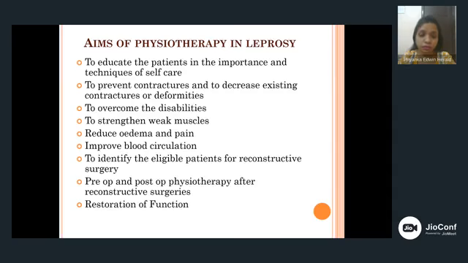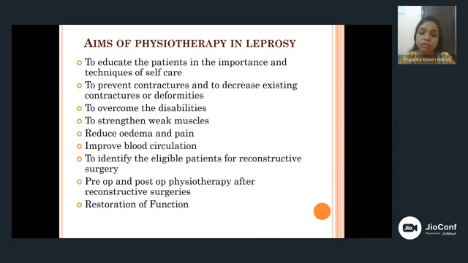With the help of exercises, we try to prevent contracture and decrease existing contractures or deformity, to overcome the disability, to strengthen weak muscles, to reduce edema and pain, and to improve blood circulation. All these aims we can achieve by specific exercises.